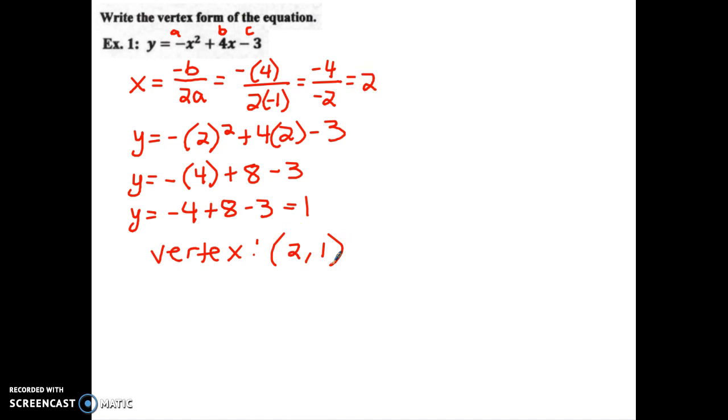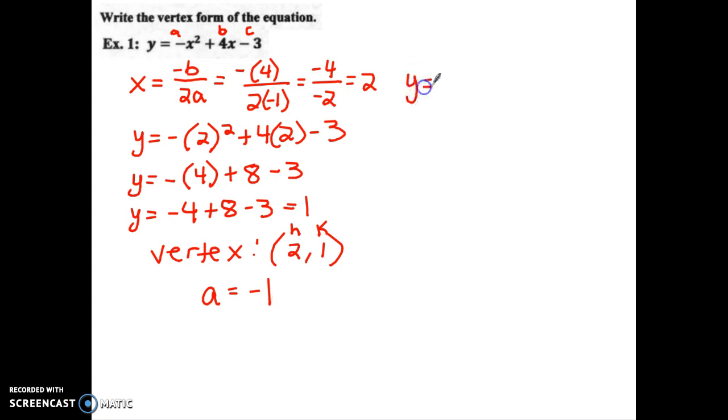Now we know that for the vertex form, this is our H and this is our K. All right, the next thing that we need to do is identify our A value. A equals negative 1. Now we're simply going to plug these 3 values into our vertex form equation.